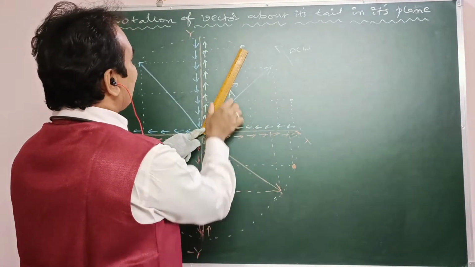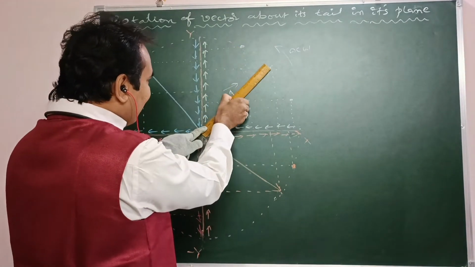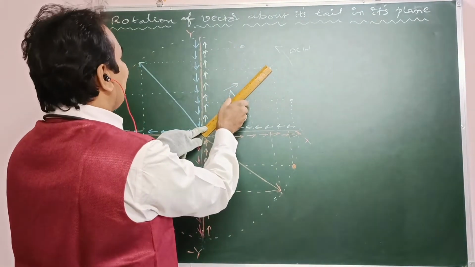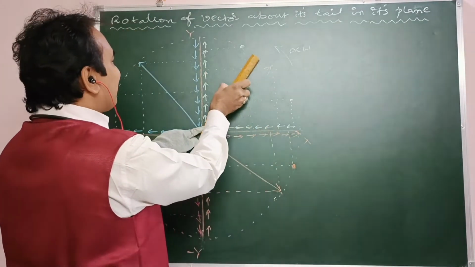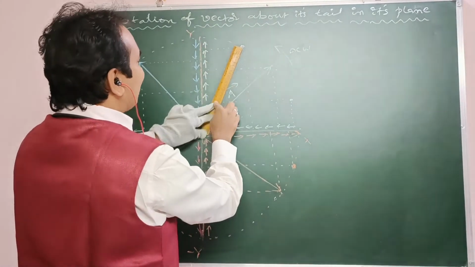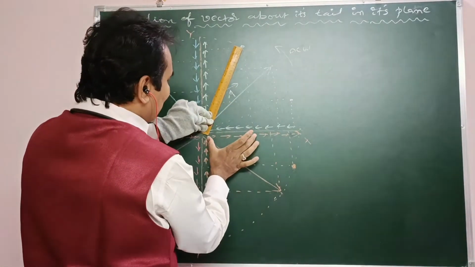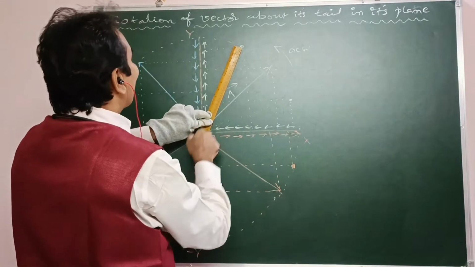This is x coordinate. At the same time, y coordinate previously, when this vector aligns like that, this is the y coordinate, this is the x coordinate from here to there. The same vector aligns like that, means rotated in anti-clockwise sense a little bit. Then what happens? X coordinate decreases from here to there. At the same time, y coordinate increases.